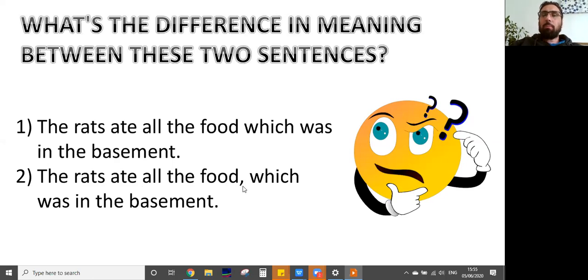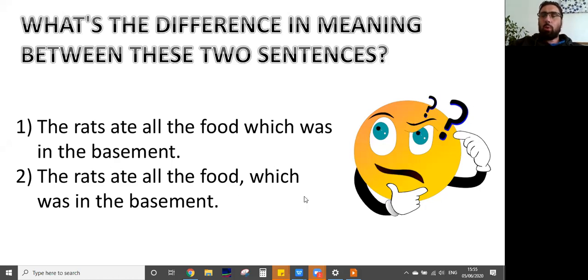Of course, in form, it's clear we have a comma, but in meaning, there's going to be a lot of difference. Amani is saying the first one refers to the food and the second one refers to the rats.